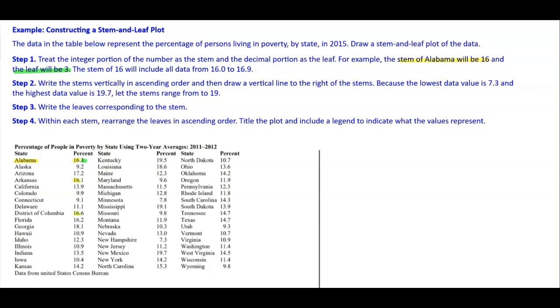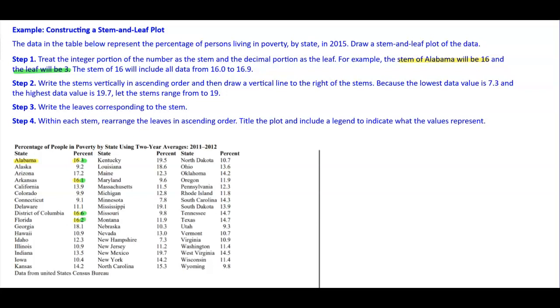There's another 16, another 16, another 16. Do we have any more? Looks like that's all we have. Then this 1 is also a leaf, this 6 is also a leaf, and that 2 is also a leaf.